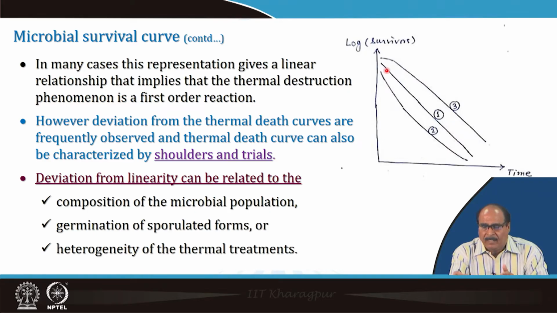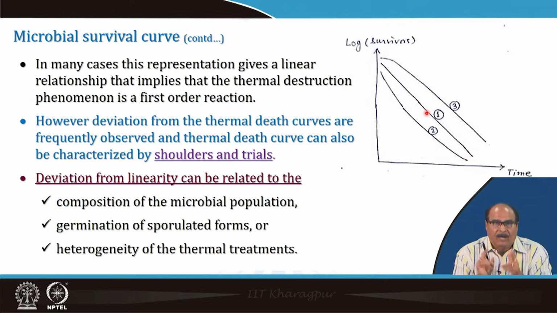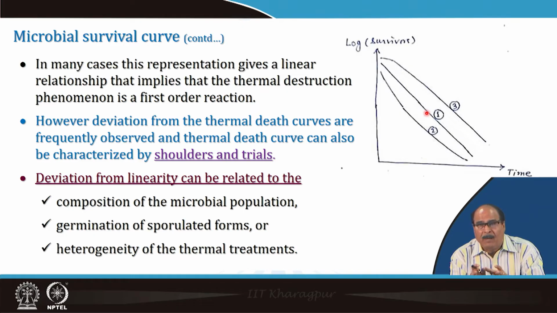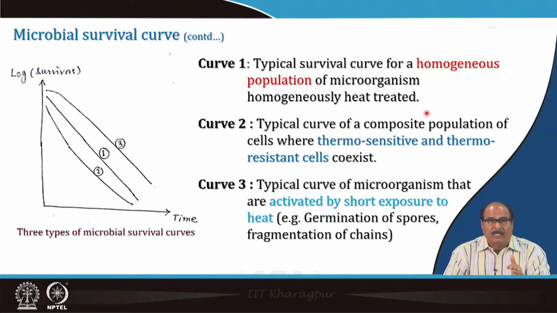Then you will find a linear relationship. However, deviations from the thermal death curves are frequently observed, and the thermal death curve can also be characterized by shoulders and tails. The deviation from linearity can be related to the composition of the microbial population, germination of the sporulated forms, or heterogeneity of the thermal treatment.